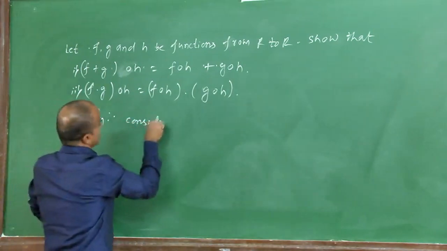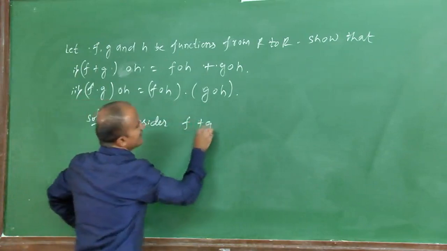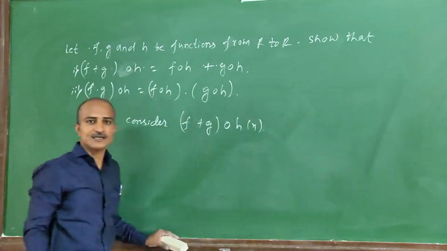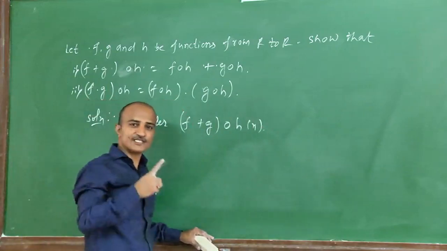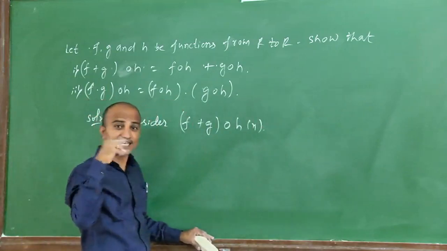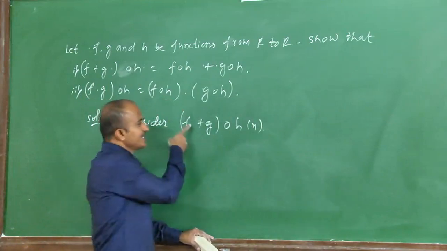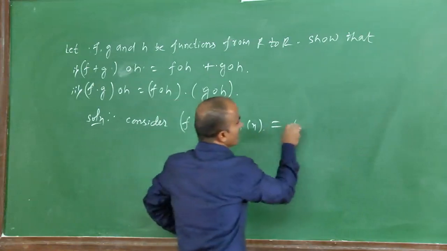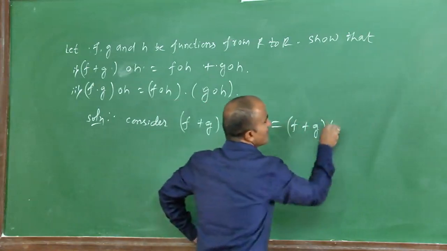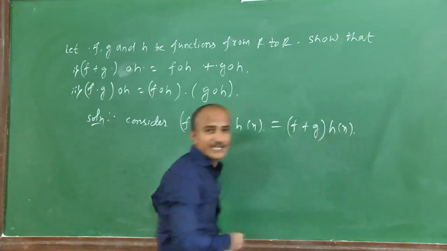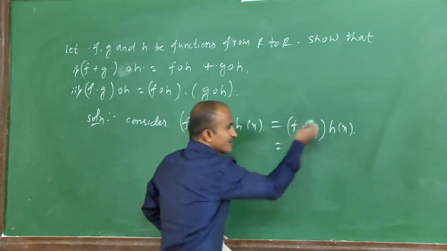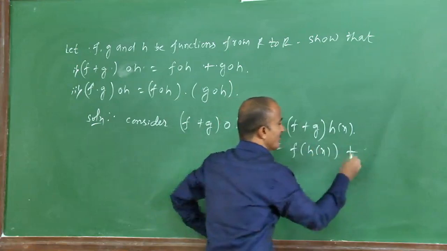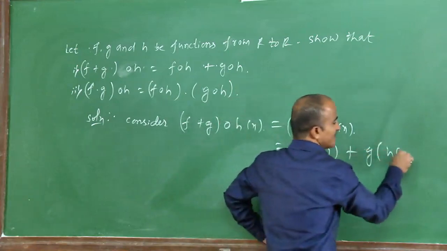Consider (f plus g) composition h of x. By the definition of composite function, where g∘f of x is written as g of f of x, (f plus g) composition h of x is written as (f plus g) of h of x, which is f of h of x plus g of h of x.